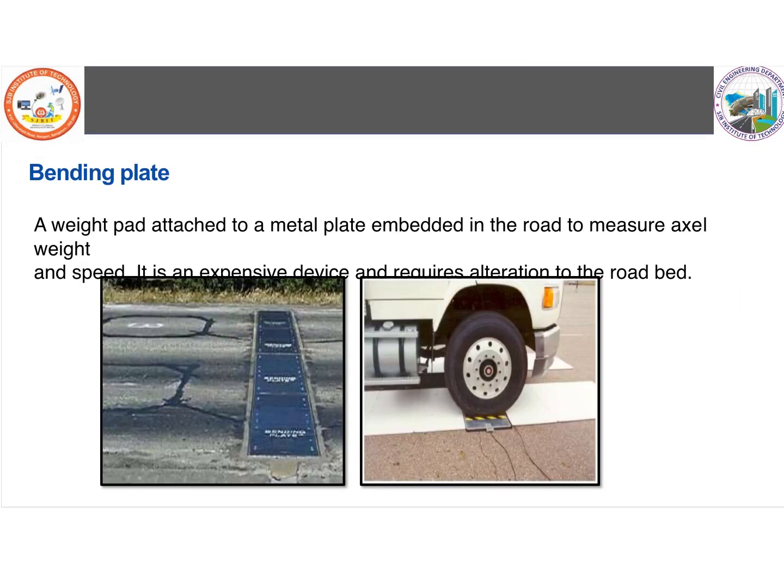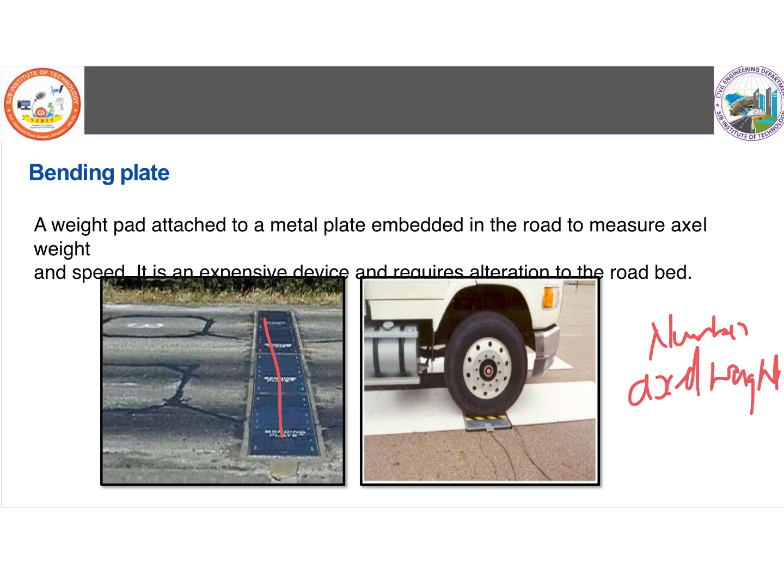So the second is the bending plate method. It is similar to the pneumatic tubes, but here we have bending plates. It is a metal plate embedded in the road to measure the axle weight. So here, along with the number of vehicles, we can have the details about the axle weight.